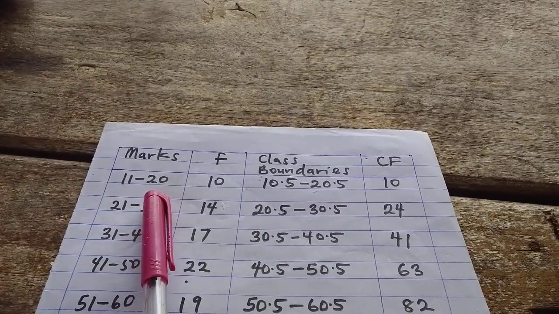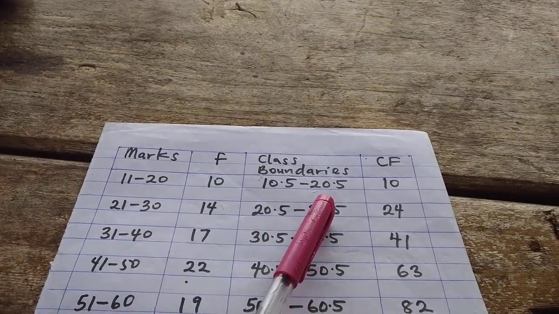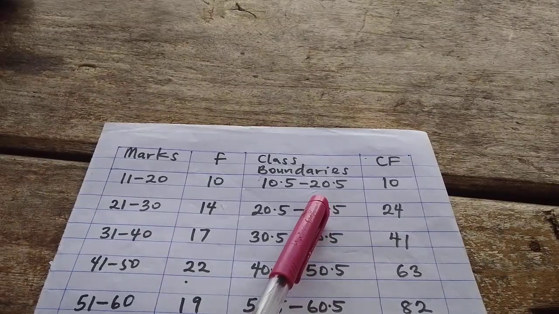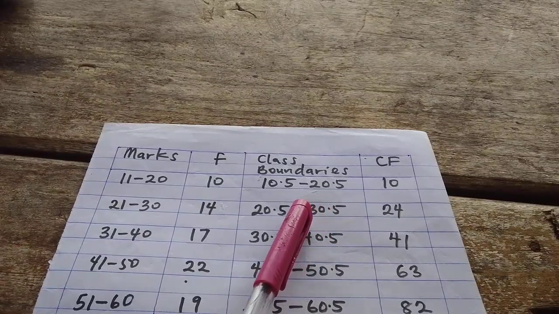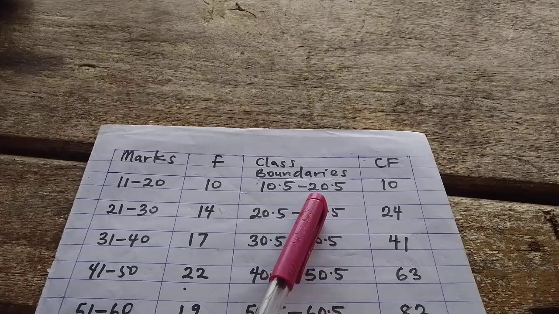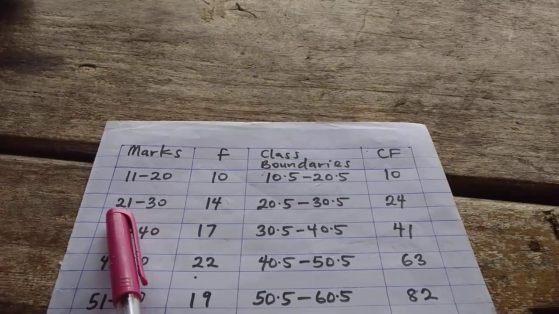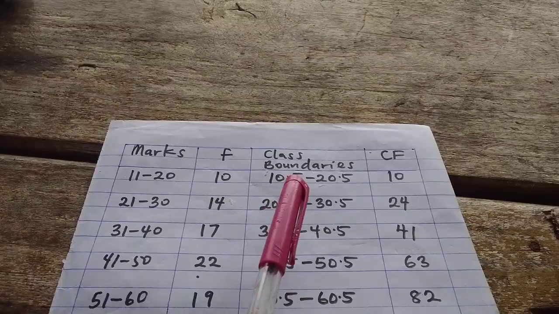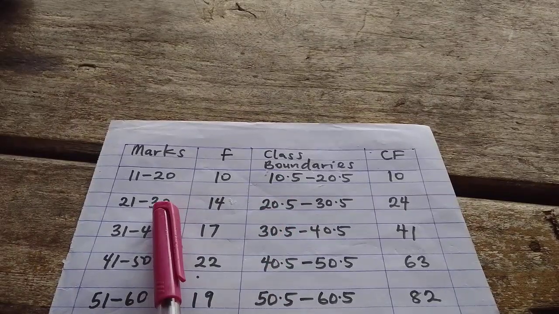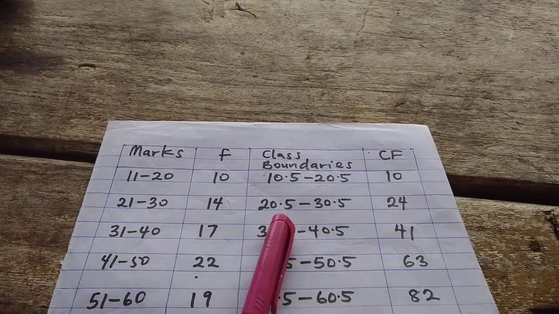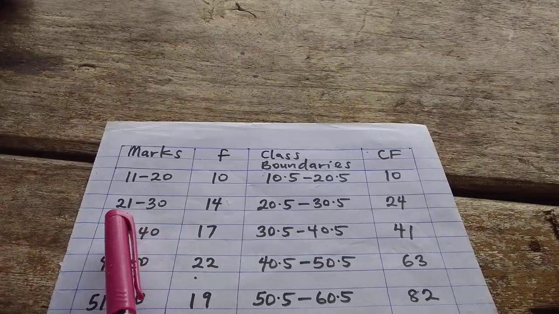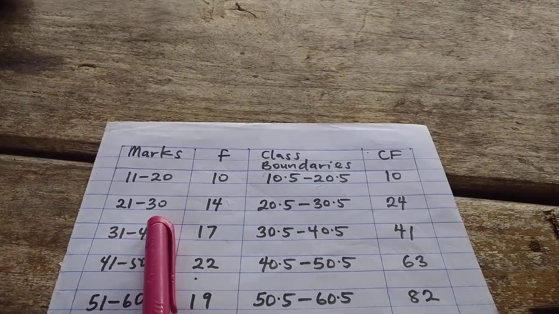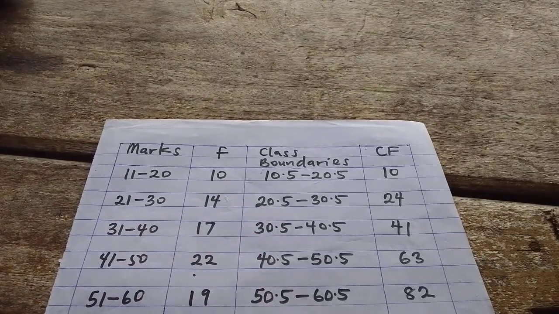Then 20 plus 0.5 gives 20.5. Then here also subtract 0.5, you get 20.5, and 30 plus 0.5 is 30.5. So you subtract from the front and add to the one at the back to get the class boundaries.